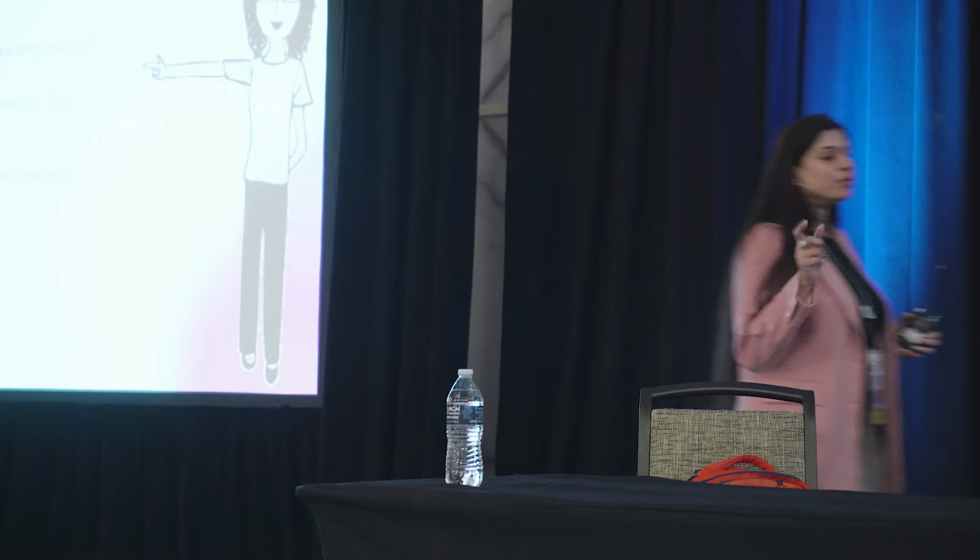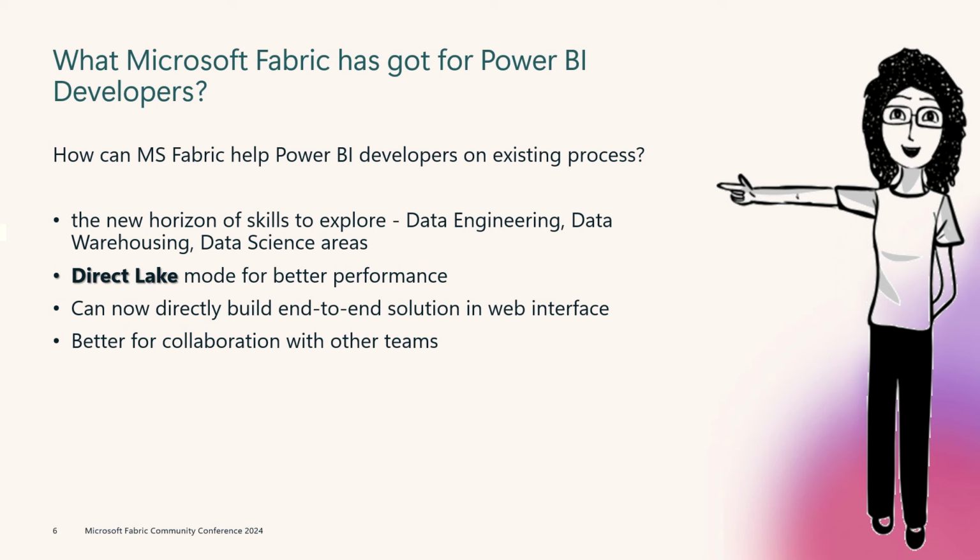The next thing that works best in the Fabric environment is better collaboration with other teams. In earlier days, when I used to work just as a Power BI developer in my own space, and I had a data engineering team doing some bits for me, before I got my data to Power BI, I asked the data engineering team to transform it for me.